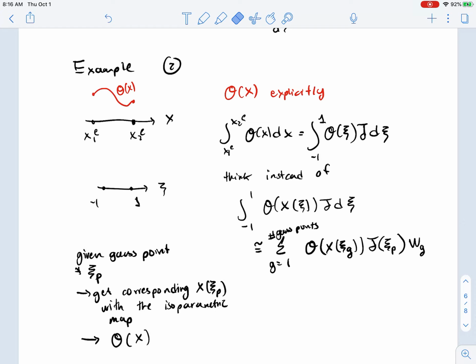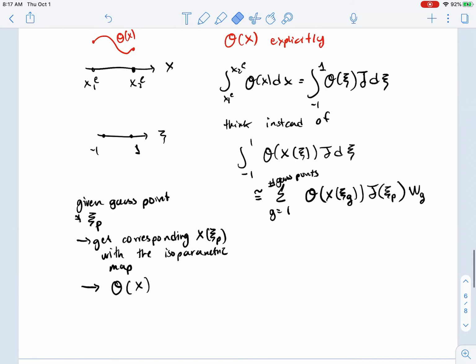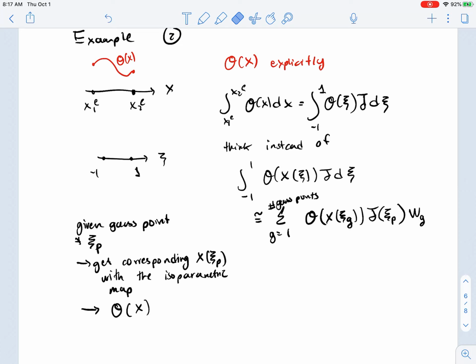Then you can go and evaluate theta of x for that value of x that you just calculated. So you don't have an explicit definition of theta in terms of xi, but given some value of xi, you can evaluate the corresponding x and then use that x to evaluate the theta. So it's not explicit, but you do have the theta as a function of xi. You just need to use the isoparametric map in between. And that's about it. So that's how you would compute integrals in 1D.